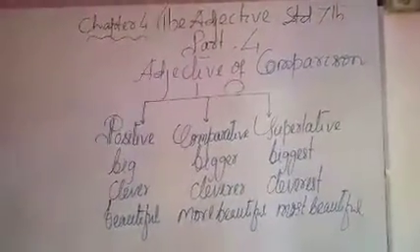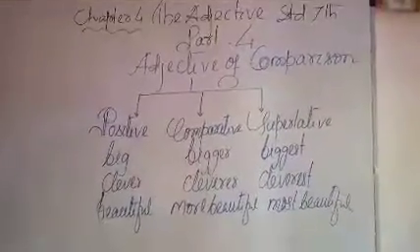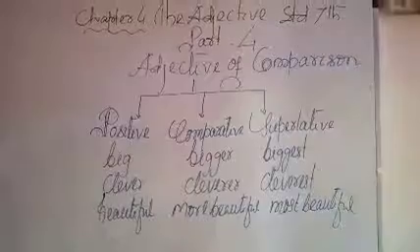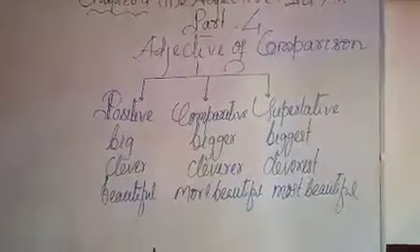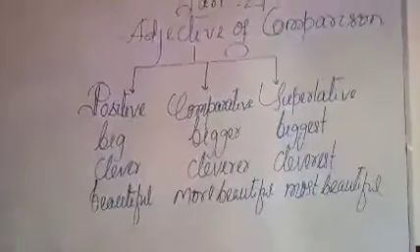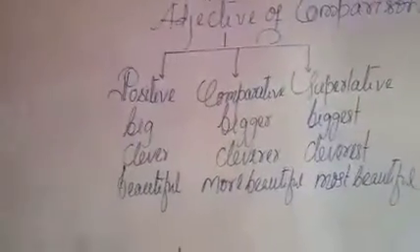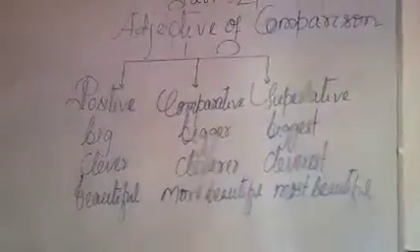Now we go to part 4, adjective. The adjective of comparison. Dear students, you know in earlier class, adjective of comparison is divided into 4 parts. Just look at your blackboard or chart.